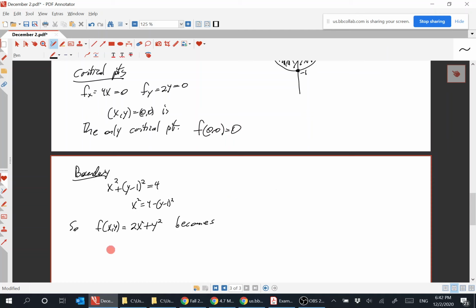So this reduces to a one variable function. I'll just call it f, or you can call it a new thing, g of y. X squared is this. So it's 2 times (4 minus (y minus 1) squared) plus y squared, right? X squared becomes this, and that gets plugged into here.